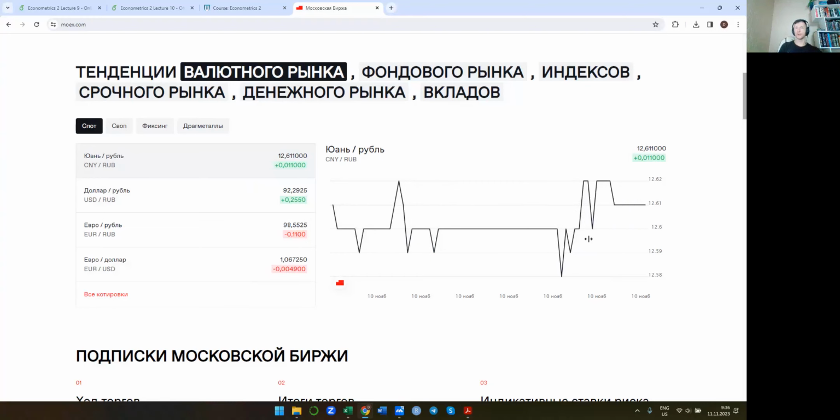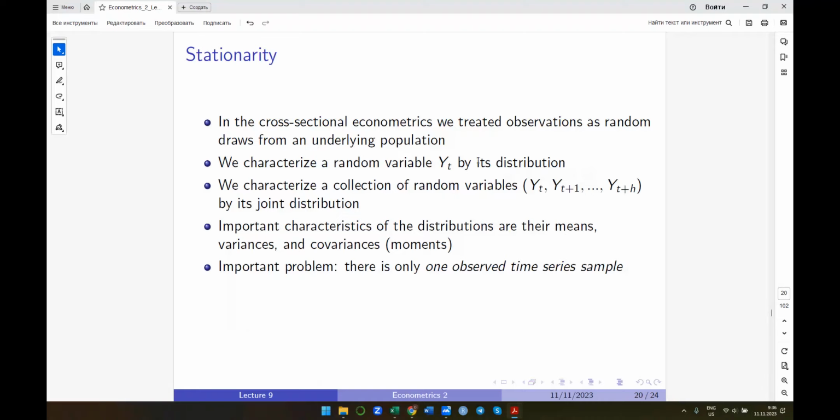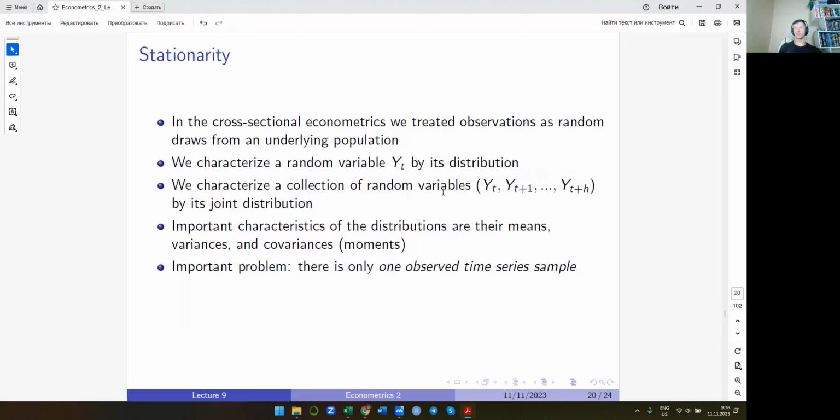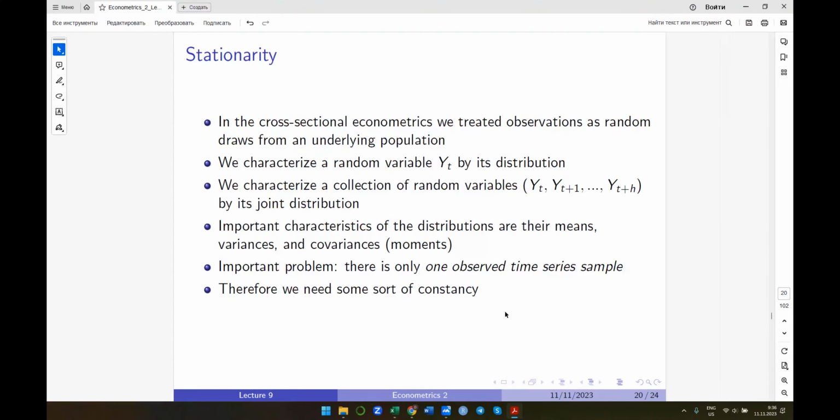The history goes once, right? So this is the problem. We are trying to do something similar to what we know, but this is the first and serious obstacle. Only one time series sample is observed.